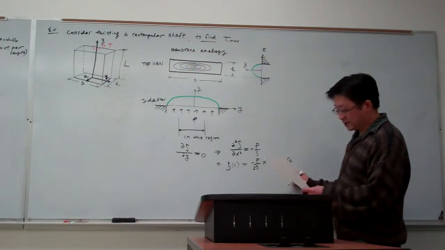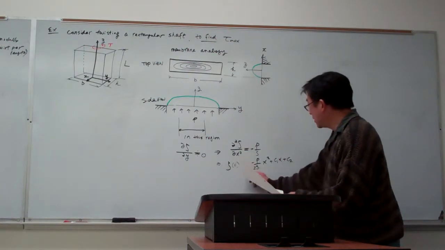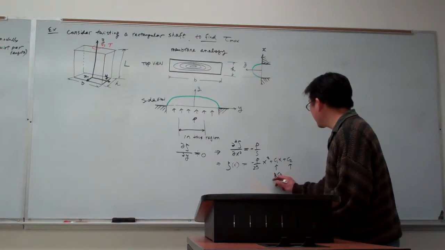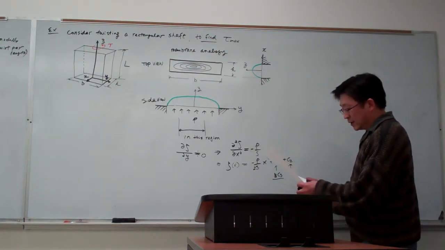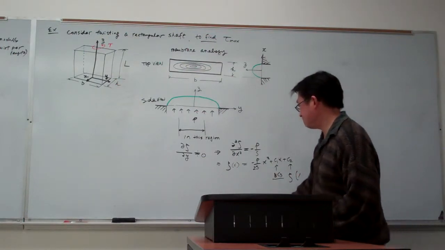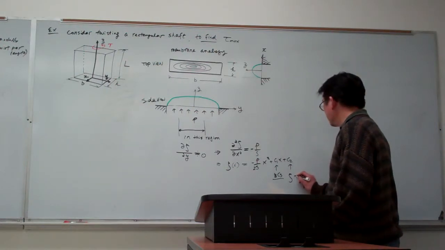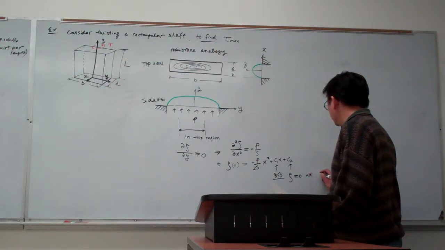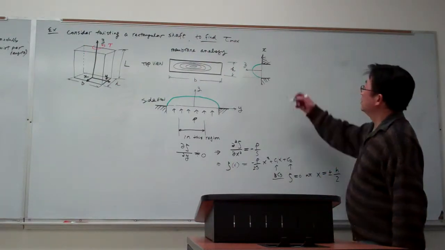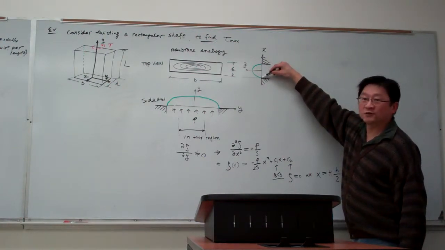And here C1 and C2 are determined by the boundary conditions. We know that zeta at this point and at this point, the deflection equals 0.